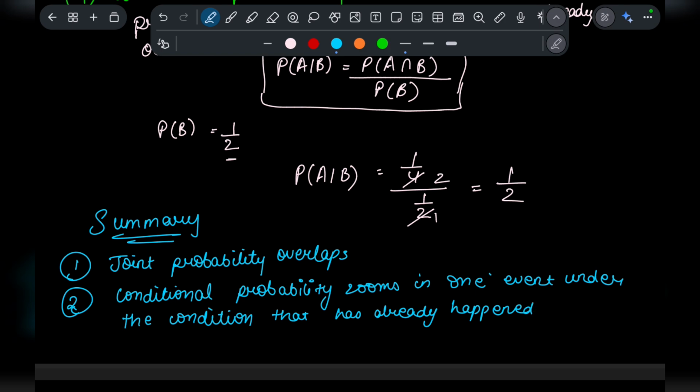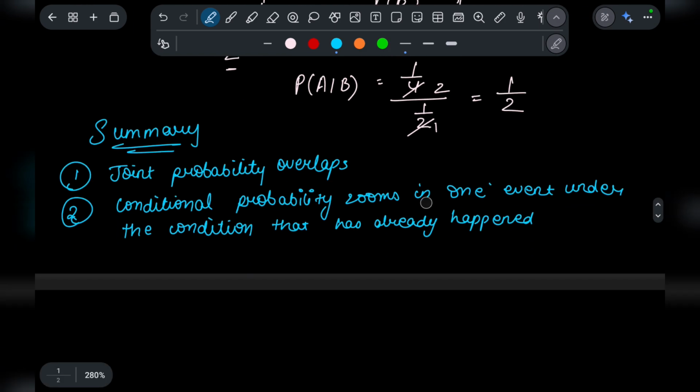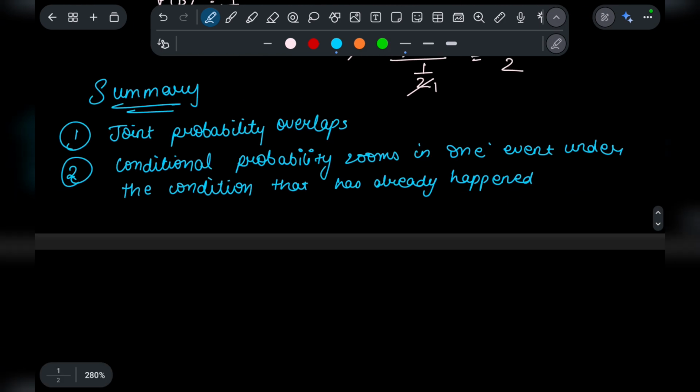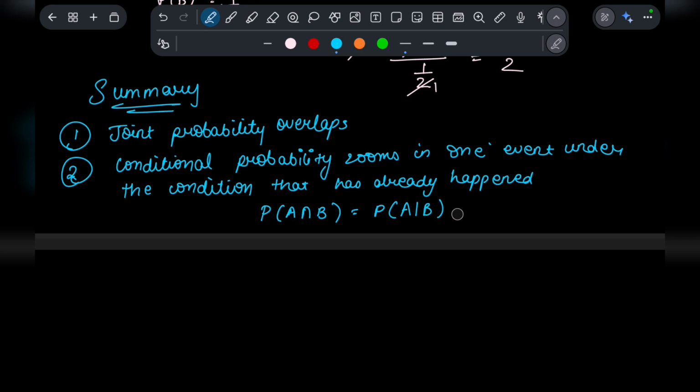They are connected in such a way that P(A given B) is equal to P(A and B) divided by the probability of B. This gives you a solid foundation of probability basics with clear examples.